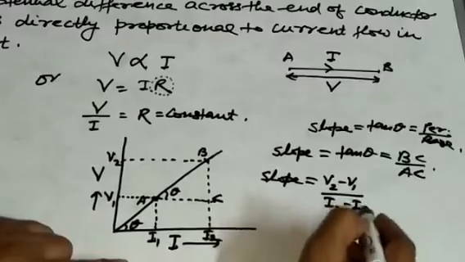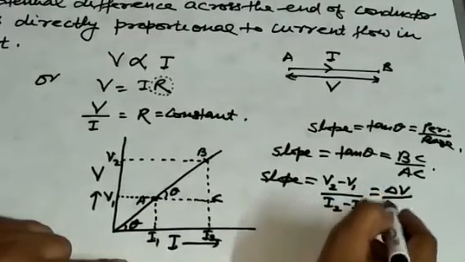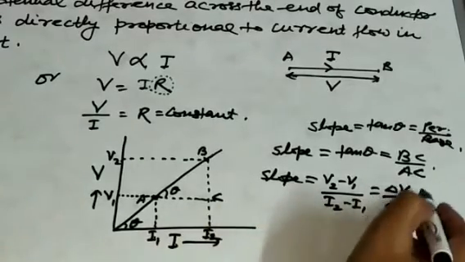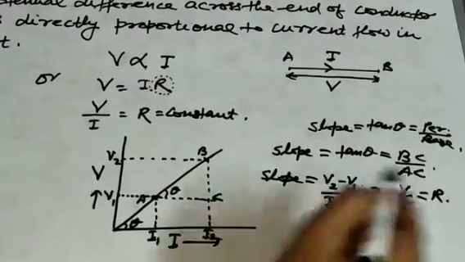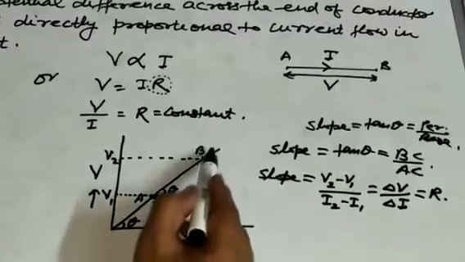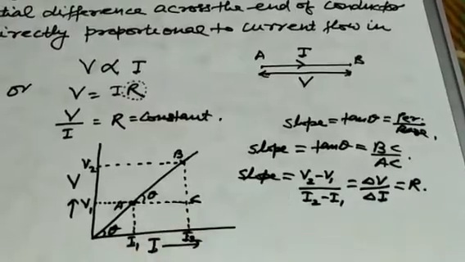So simply this is delta V upon delta I, and this slope gives the resistance of that conductor. So if the V versus I graph is given, then the slope of the V versus I graph will give the resistance of that conductor.